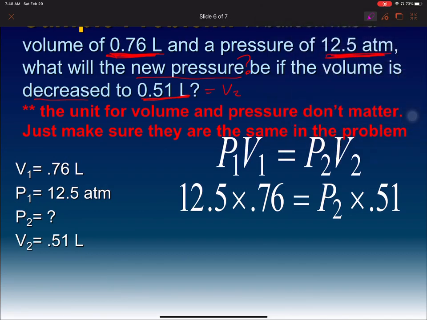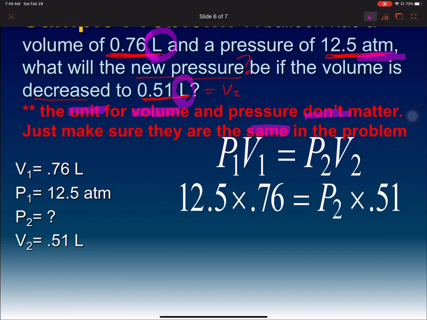If you look just at the units alone, well, what do we measure in liters? That's volume. What do we measure in atm? That's pressure. And so you're able to figure out what these numbers mean just by looking at the units. Now, the key here is the units for volume, they don't matter, but they have to be the same.